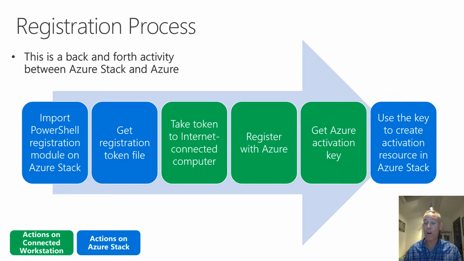You take the token out of your disconnected environment, and then you use it with another command to register with Azure. Azure will pass you back an activation key, and you take the activation key back to Azure Stack and you run a command to activate it. So this is basically a get on the disconnected environment, connect up to Azure, get the activation key, and then take that back to Azure Stack to get it fully registered.